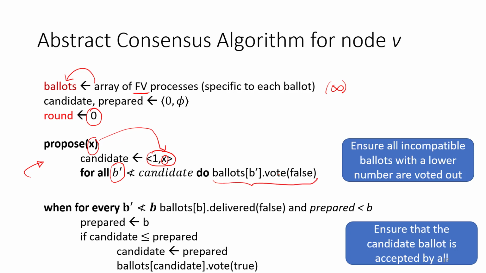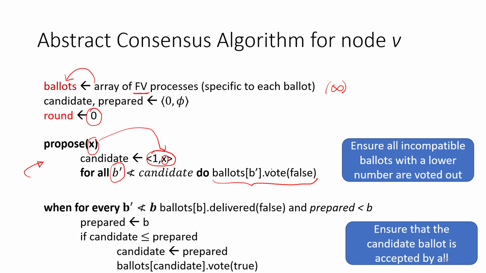Voting false means that all of those ballots and their values are voted to be false, in the sense that everybody agrees we will not accept them, or this will not be your consensus value. So whatever ballots are not compatible with your candidate and which have a lower number, you first invalidate all of them, and only then we try to validate this candidate, otherwise we don't.